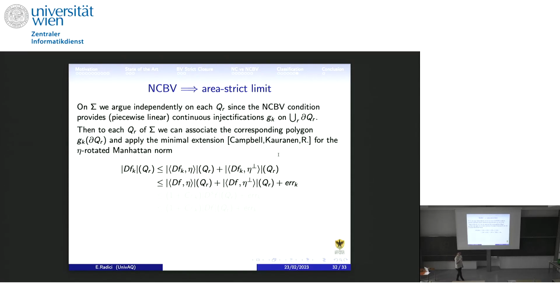The singular part of the derivative is very small in this direction because almost all of it goes in the eta direction, thanks to the rank 1 property. So in the end, this is smaller than or equal to 1 plus some epsilon, which will then go to 0, times the singular part of the derivative. And this is clearly smaller than the original total variation.